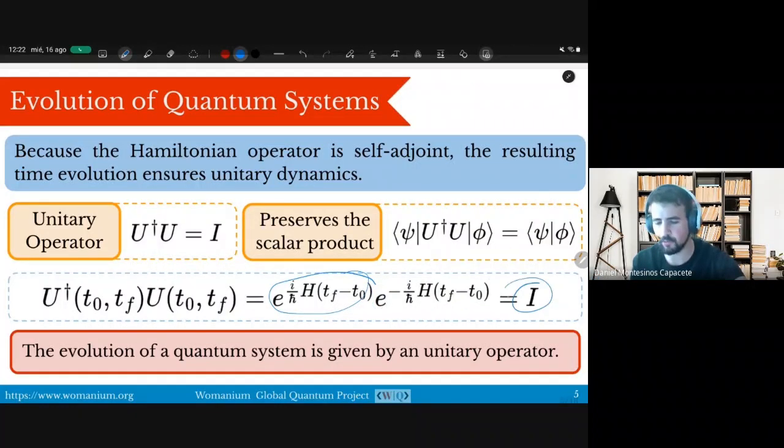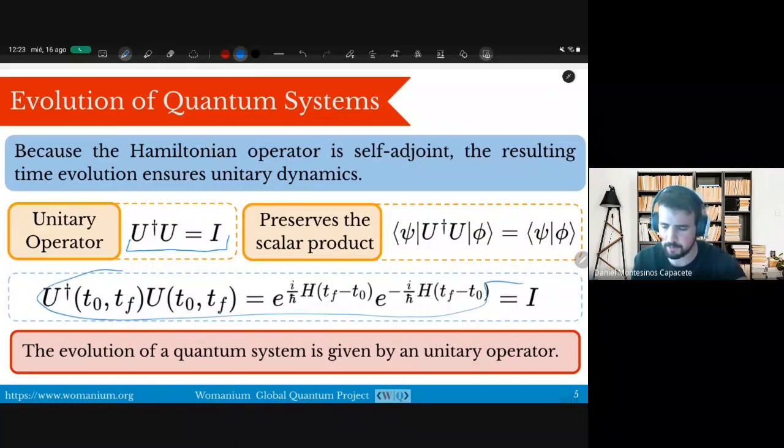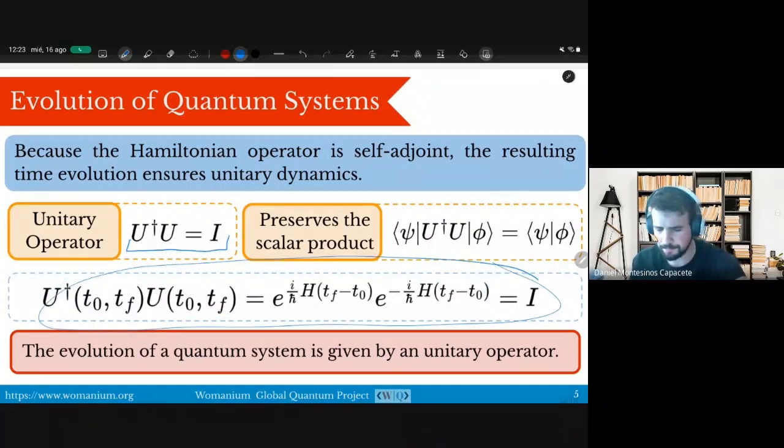At the end, this is equal to the identity for every Hamiltonian, since the Hamiltonian is self-adjoint. It doesn't matter what kind of Hamiltonian it is. Any linear operator that satisfies this property is called a unitary operator. And unitary operators are great.